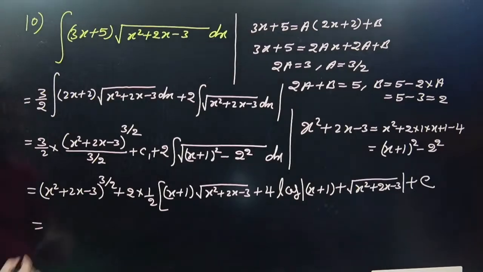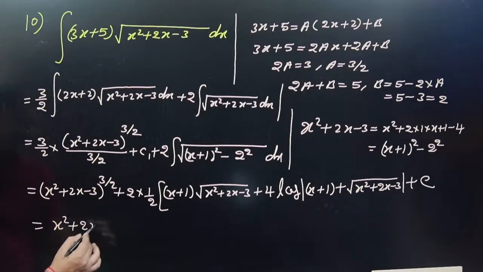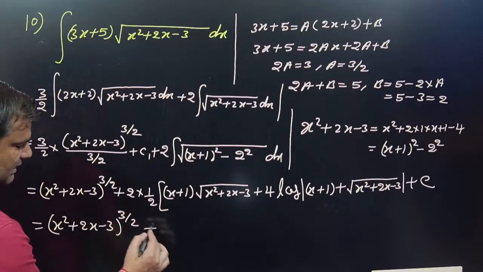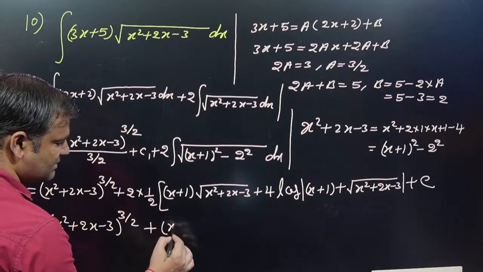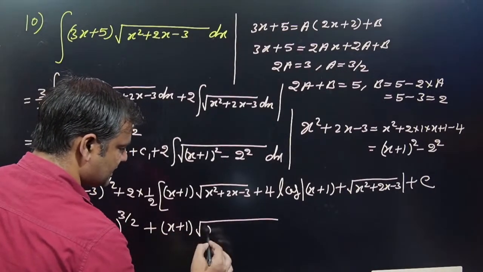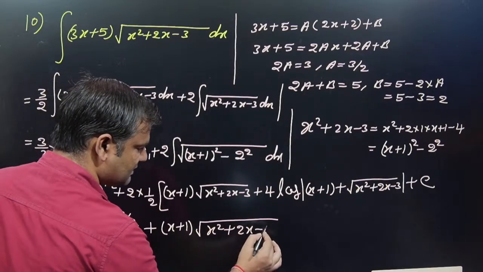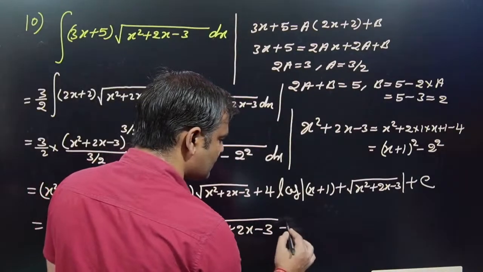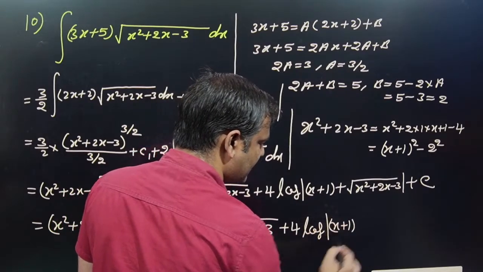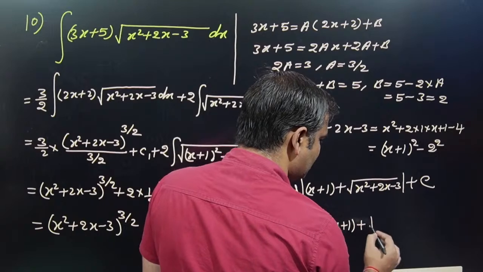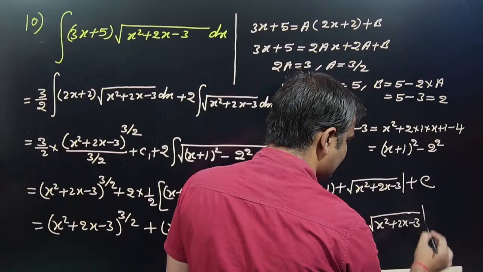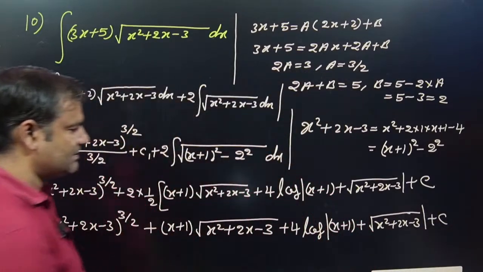So finally, (x square plus 2x minus 3) to the whole power 3/2, and that one is written x plus 1 into under root of x square plus 2x minus 3, plus 4 times log of x plus 1 plus under root x square plus 2x minus 3, plus c is the right answer.